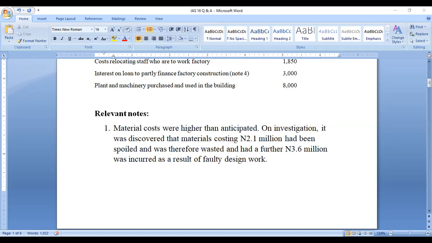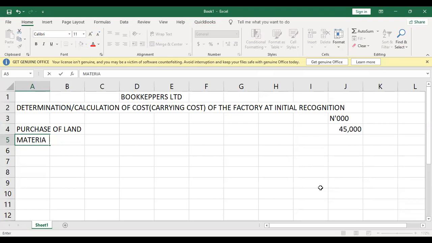So materials cost, we have 36 million, minus 2.1, minus 3.6 million.